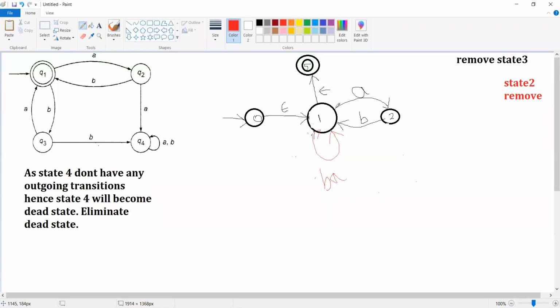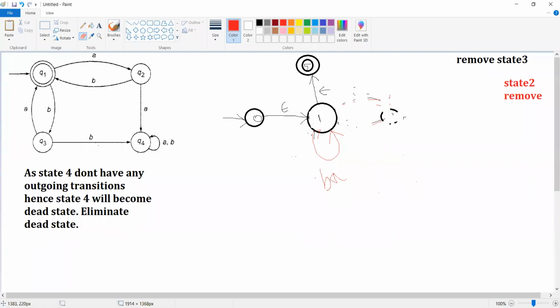It has one incoming transition and one outgoing transition. So what will happen? This incoming transition will multiply with the outgoing transition. Now we'll get a transition from 1 to 1. And what is the result of that transition? It will be AB.